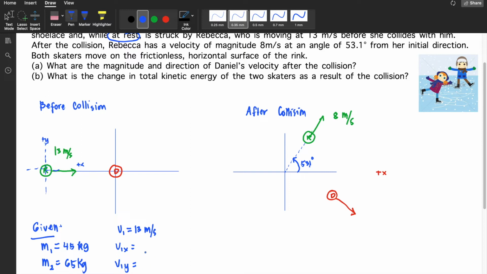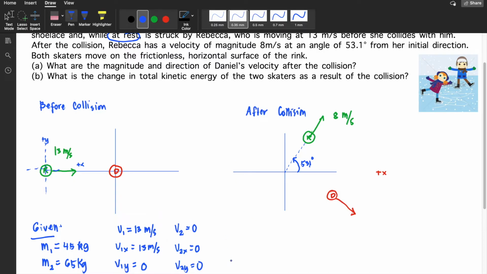So its v1x is equal to 13 meters per second, and its y component, there's none, so that would be 0. Next, for v2, its magnitude is 0, since it's at rest, so both v2x and v2y are simply equal to 0. So you'll need to find the components for each of the vectors.